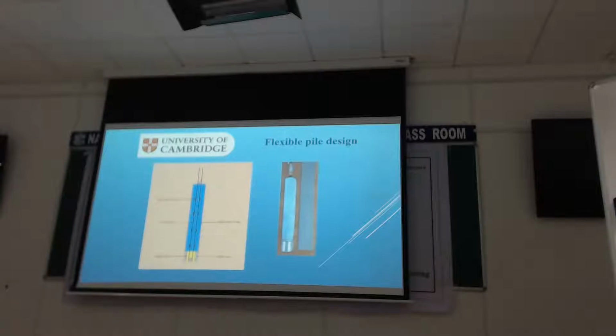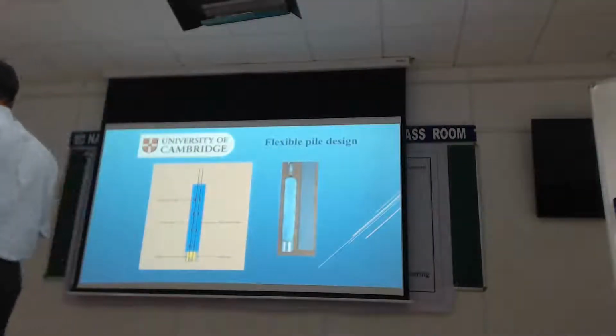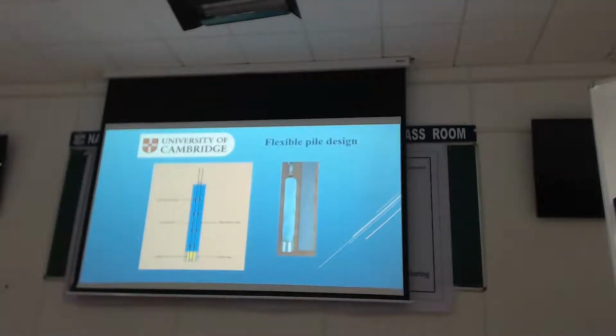On the design of piles, I want to focus on this because some of you are coming and talking to me and saying you're going to do experiments. There are a few tricks you can do. Here we wanted piles of different cross sections and different areas so that we can attract more or less of the lateral load.